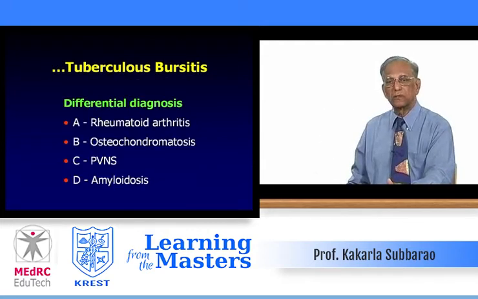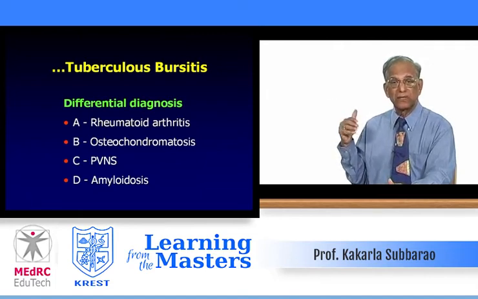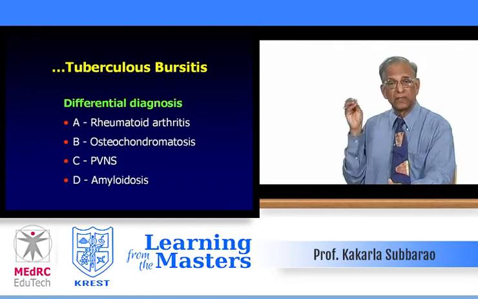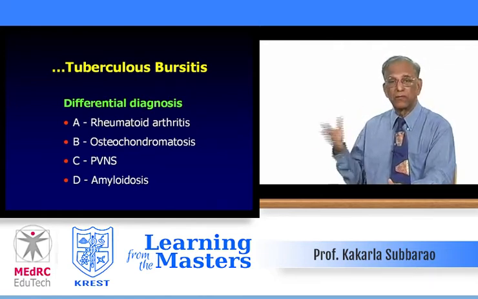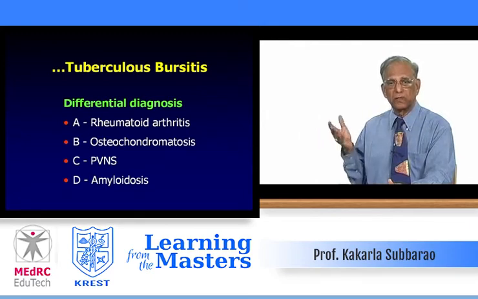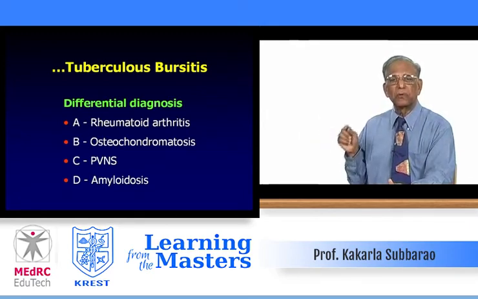Differential diagnosis could be rheumatoid arthritis, soft tissue swelling, synovitis, or osteochondromatosis before it calcifies. On plain film, they may not calcify, and then if you take CT, it shows multiple calcific densities. PVNS, pigmented villonodular synovitis, but then there should be erosion of the bone.